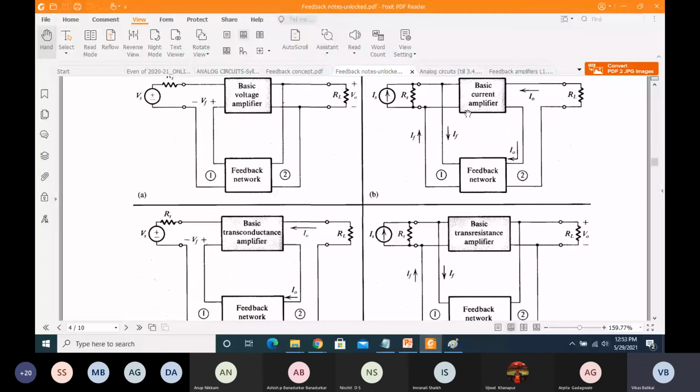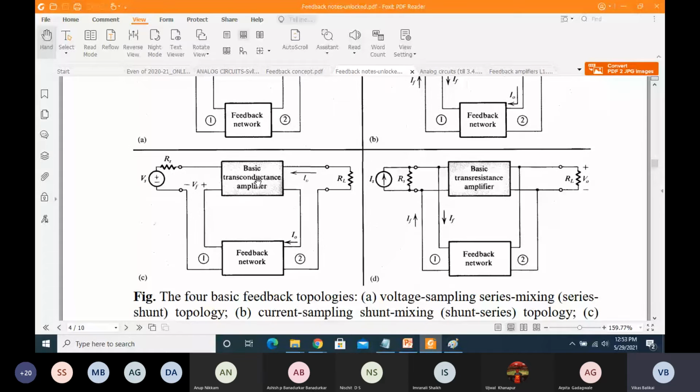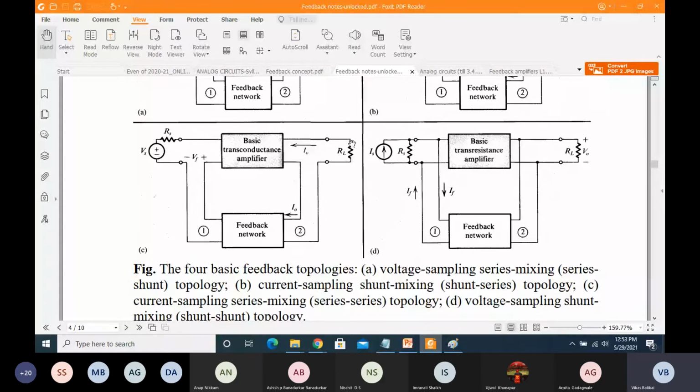And what if it is the other way? In the transconductance amplifier, both are in series topologies. So series topology is nothing but your transconductance, and shunt topology or parallel topology is nothing but your transresistance configuration. So try to remember all the names.